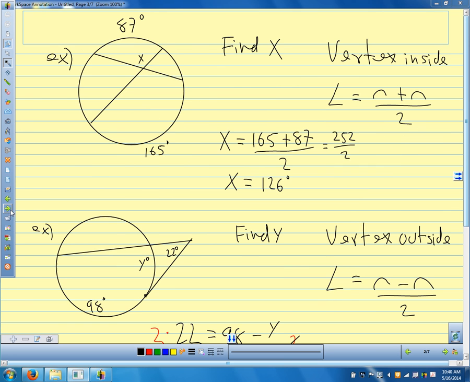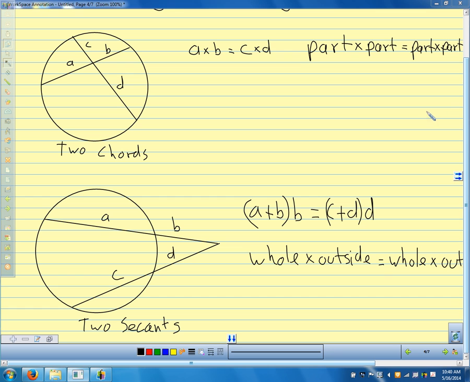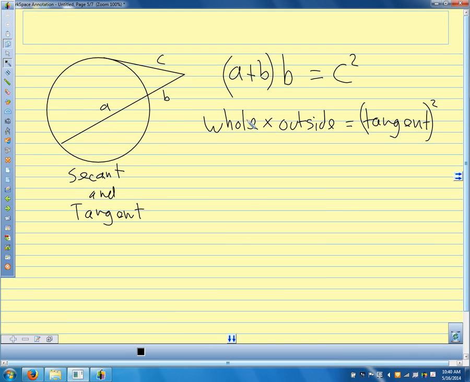And then we have our rules for segment lengths. So we're just looking at the lengths of the segments. We're not worried about angles and arcs. Two chords, part times a part equals a part times a part. Two secants, whole times the outside equals a whole times the outside. Secant and tangent, whole times the outside equals a tangent squared.